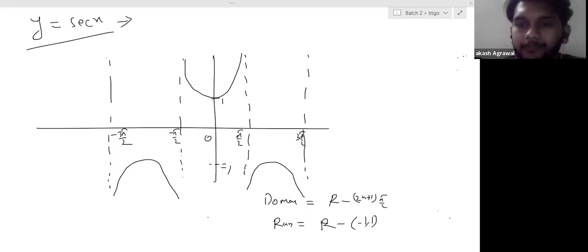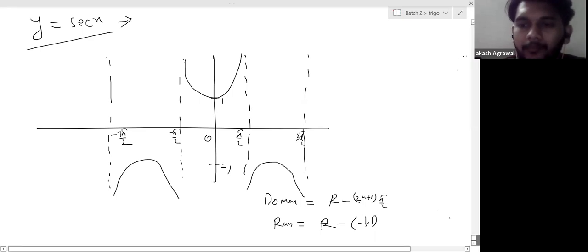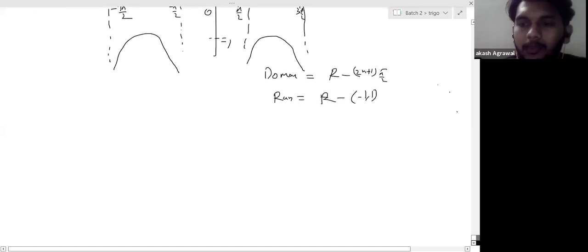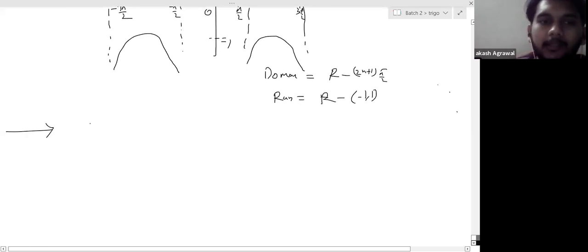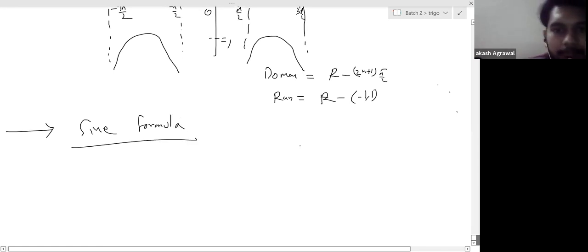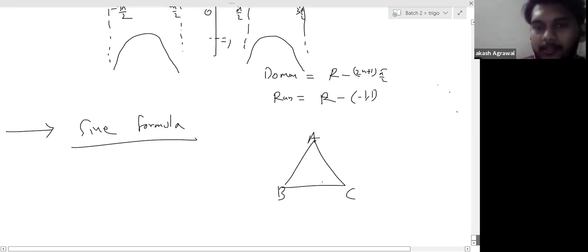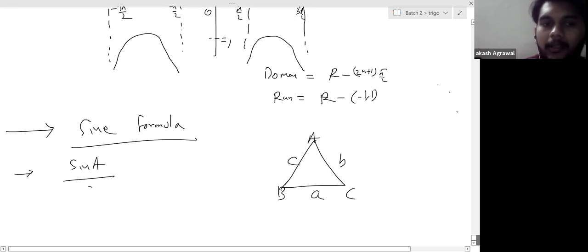All right, done. Last two formulas for trigonometry. Sine formula. All right. If you have any triangle ABC, it doesn't matter if it is a right angle triangle or not, this will be called A, this is B, this is C. The sine formula is sin A upon a equals sin B upon b equals sin C upon c.